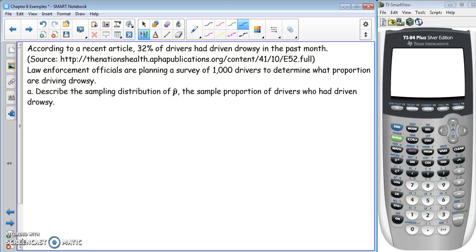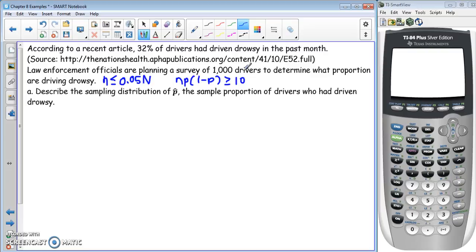So, a couple of conditions that we need to check here: we want to check that the sample size is less than or equal to 5% of the population size, and that n times p times 1 minus p is greater than or equal to 10.